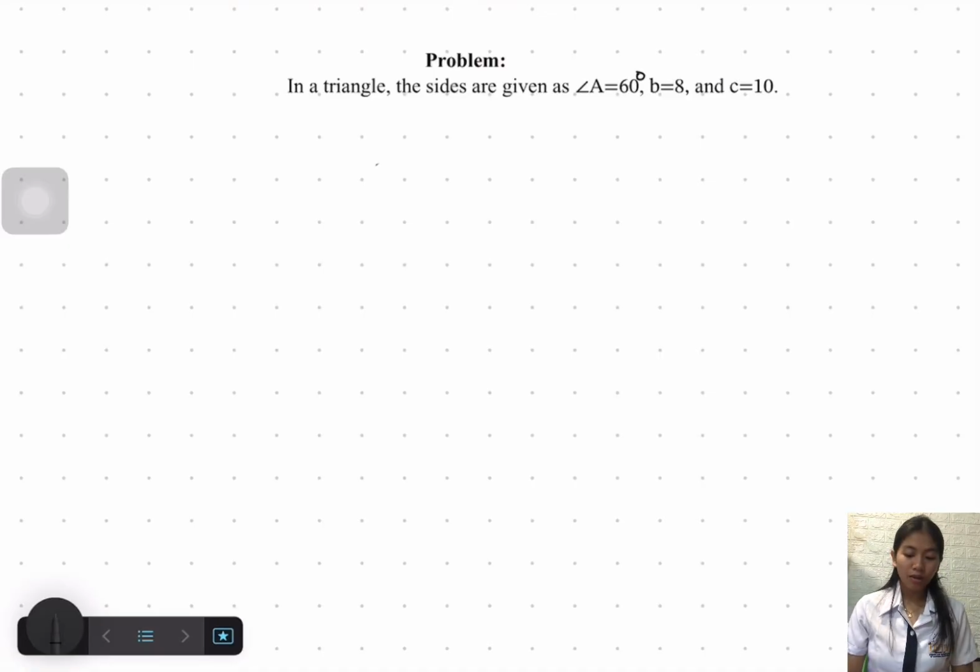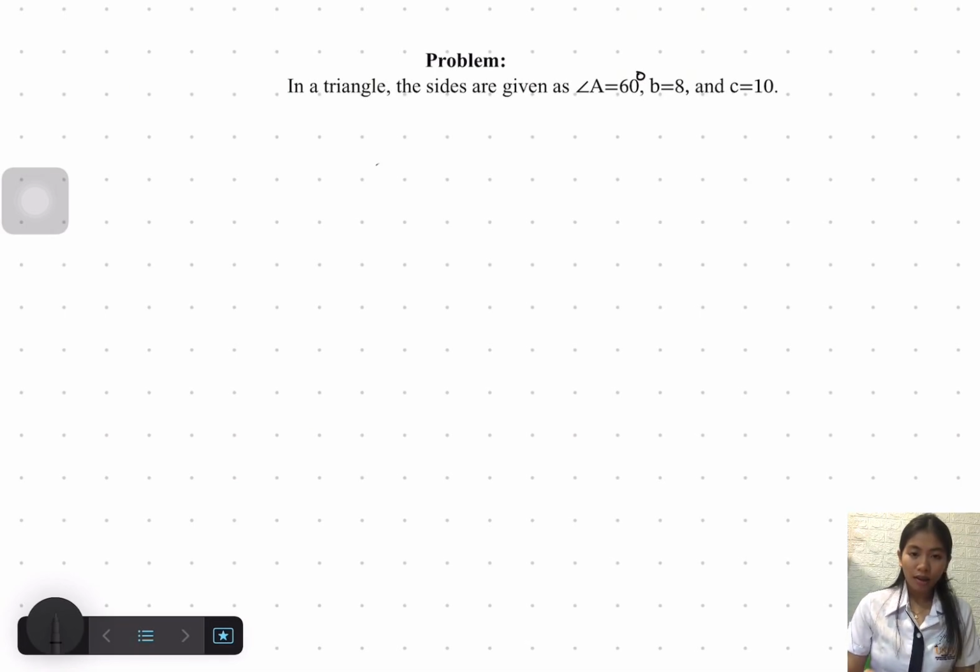Lastly, our last problem is: in a triangle, the given values are angle A is 60 degrees, side b is 8, and side c is equal to 10. So we are going to use the law of cosines.